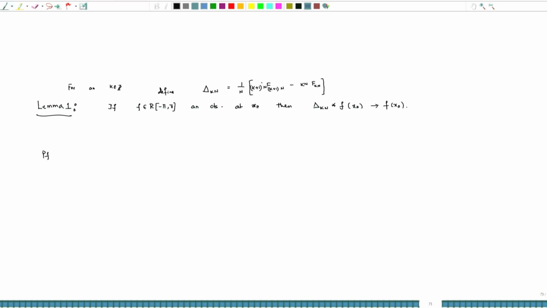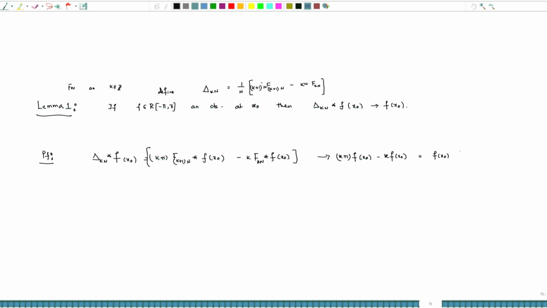So, the proof: delta_{kn} convolution of f at x naught is equal to (k+1) F_{(k+1)n} convolution of f at x naught minus k F_{kn} convolution of f at x naught. Now, this is a Fejér kernel, so this converges to (k+1) f at x naught minus k f at x naught, which is nothing but f of x naught.